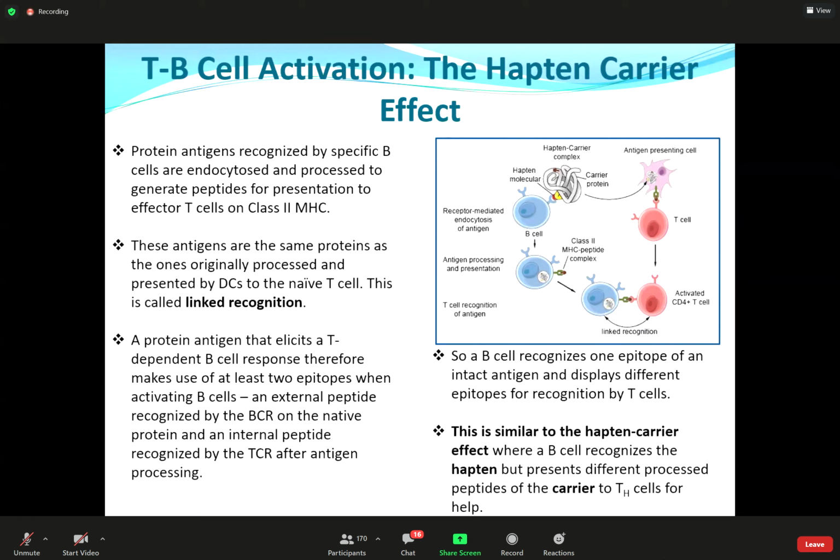I'll expand more about this in another lecture where I talk about conjugate vaccines. Have you heard about conjugate vaccines in your microbiology lectures?